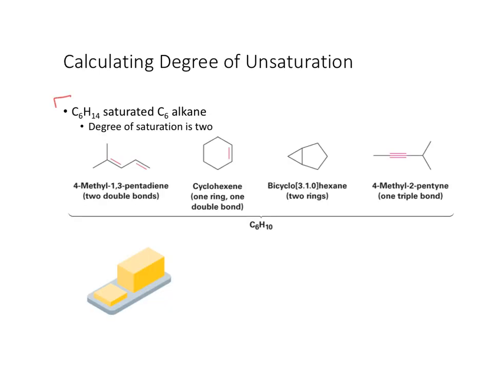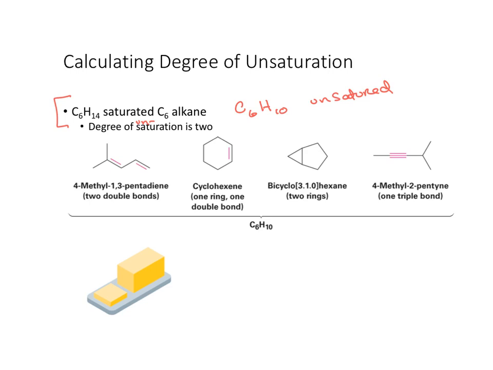For example, the formula C6H14 is a saturated C6 alkane. However, if we looked at C6H10, that would be unsaturated, and the degree of unsaturation would be 2.